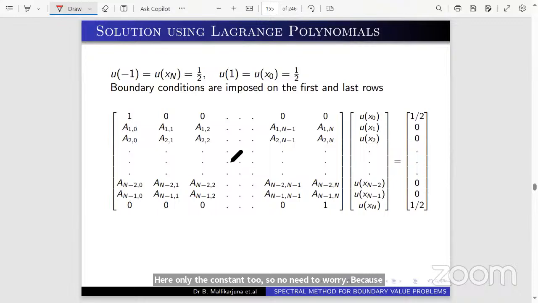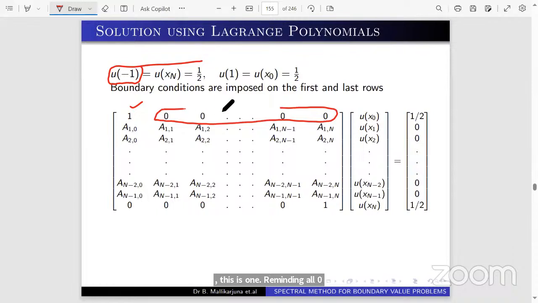Now, as per the initial condition, u of minus 1, this is 1, remaining all 0, is equal to 1 by 2. So the right hand side is 1.